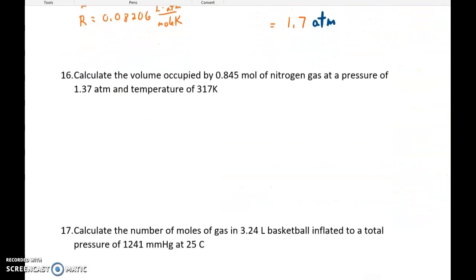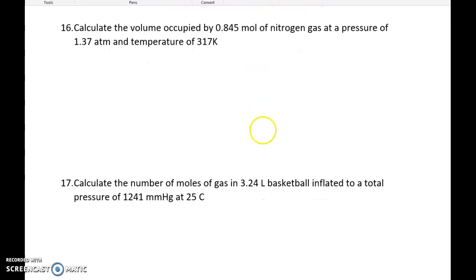This would be a very good time for you to stop the video and see if you can work this problem by yourself. Calculate the volume occupied by, so we've got a number of moles, 0.845 moles. We've got pressure, 1.37 atmospheres.